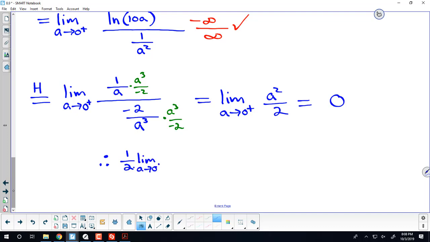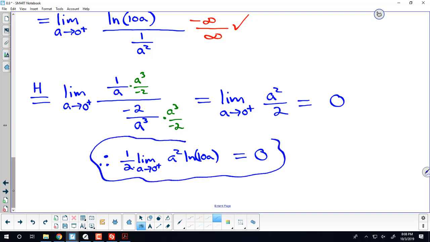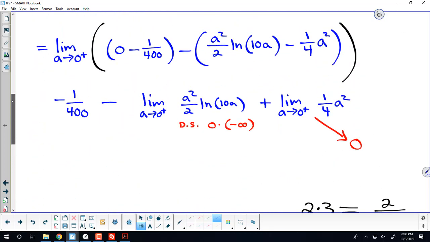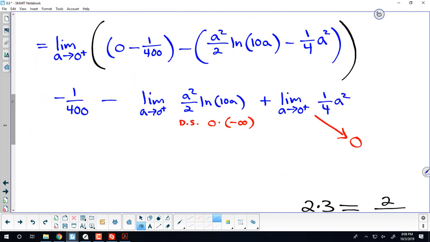So I'll just summarize. That's going back up into our original computation, that this limit also approaches 0. What happened to the 1 over 400?